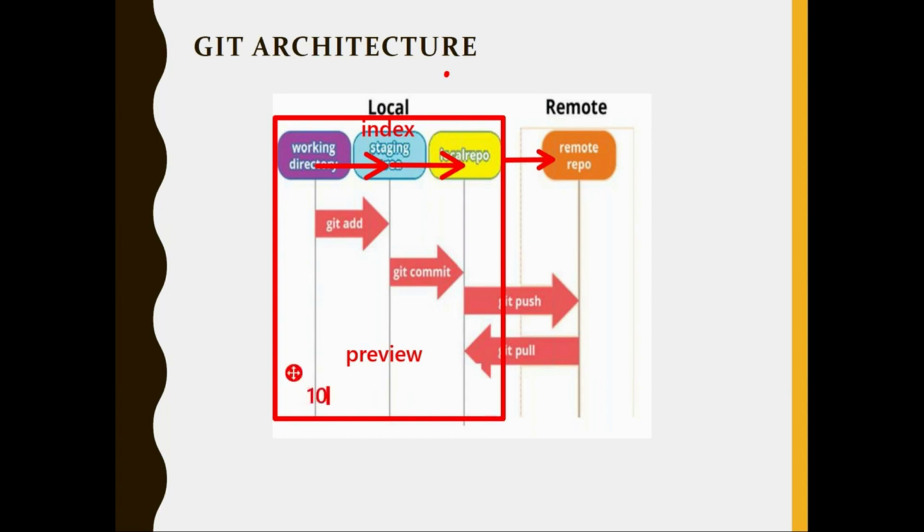Let's say there were 10 files in the working directory, and I want only 5 files to be placed in the local repository. So you will move only those 5 files to the staging area or index area, a virtual layer. Whatever is in the staging area only will go to local. So you have better control on which changes will go to the local repository. Am I making sense? Hope I answered your question, Sumit.